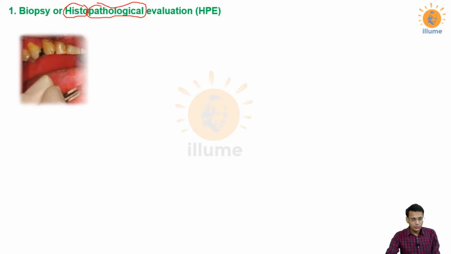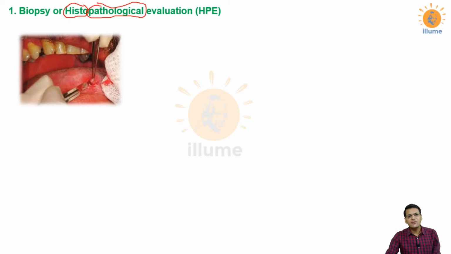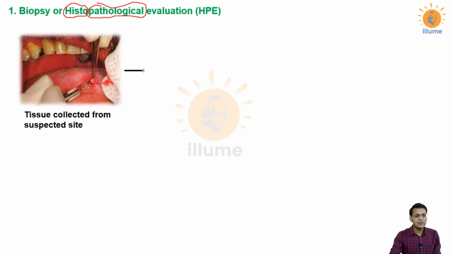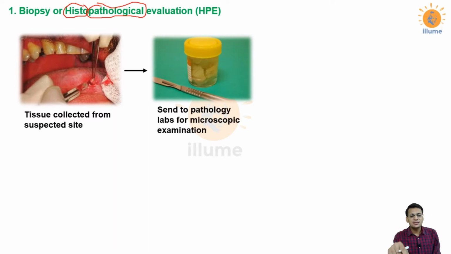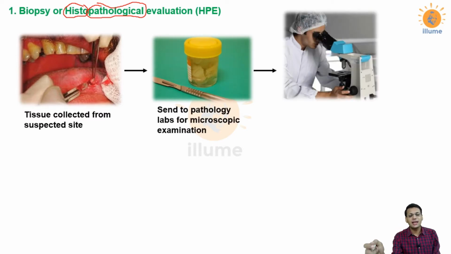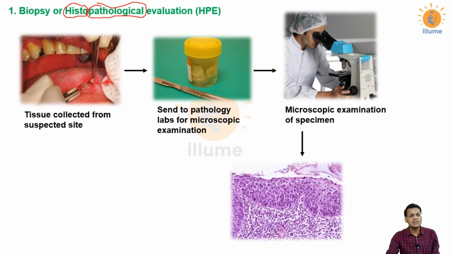In this, first of all, we examine the site which has the suspected lesion, and from that site we remove a piece of tissue. That is called the tissue specimen, collected from the suspected site, and it is then sent to a pathological lab where it is examined and analyzed under a microscope, and a slide is prepared.